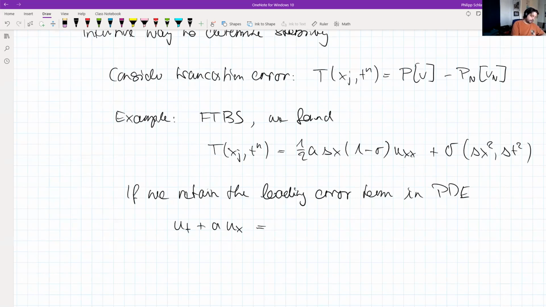But if we now retain this first error term, we actually get the equation that we are solving, in fact, by using the numerical scheme. That means that we can just write here this term, a times delta x, (1 minus sigma) times u_xx, plus higher order stuff.